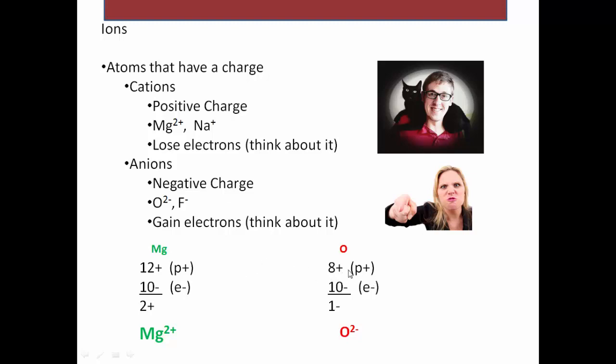After it had gained the 2 electrons, you add 2 more minuses, so it now has 10 negatives, and this should actually be a 2 here. You have a 2 minus, so you have oxygen 2 minus, and that's actually called an oxide anion, an oxide ion.